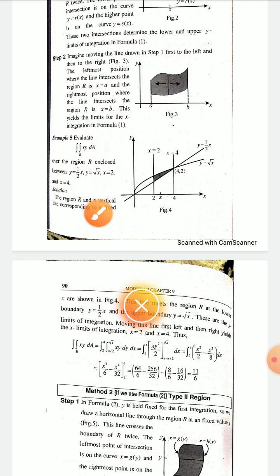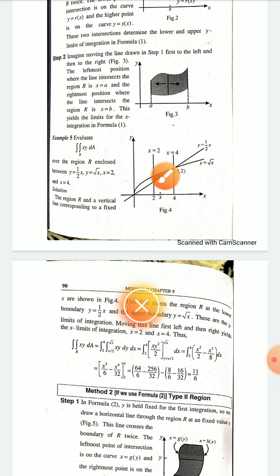Let us look at the solution. The region R and a vertical line corresponding to a fixed x are shown. This is the region R, the area between these two curves. Then we draw a vertical line here.